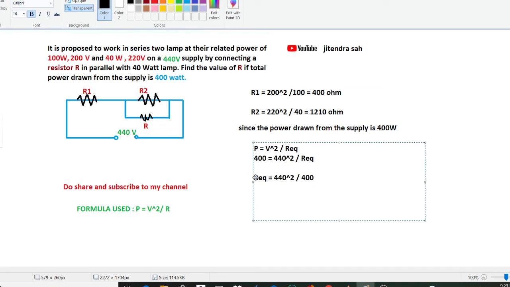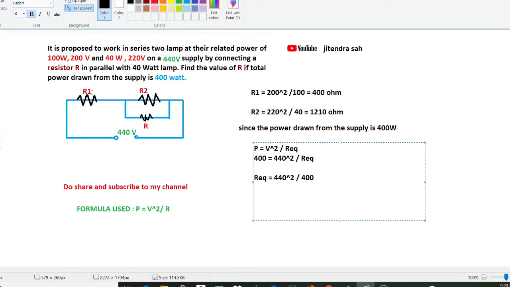Now we need to determine R equivalent. In the circuit, R equivalent will be R1 plus the parallel combination of R2 and R. In place of R1 we have calculated 400 ohms, and in place of R2 we have 1210 ohms.